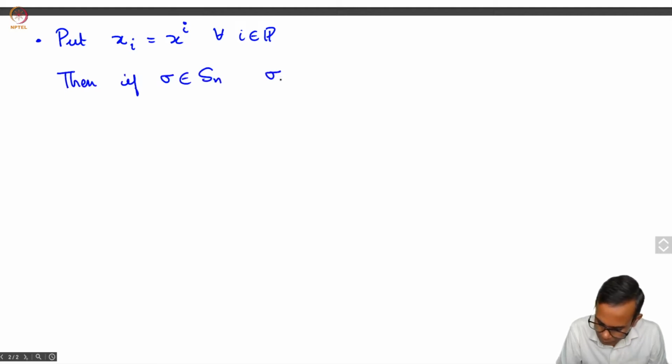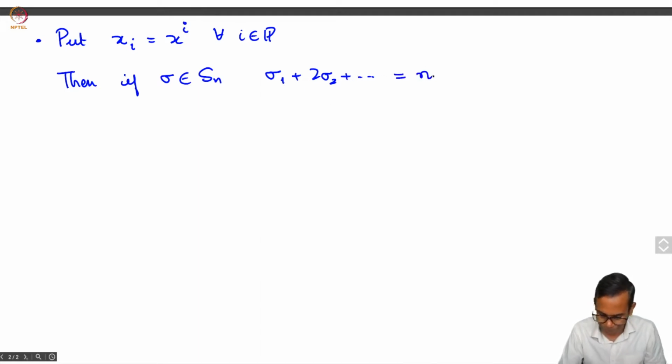Sigma 1 plus 2 sigma 2 plus and so on, this will be a finite sum. This is the number of 1 cycles plus 2 times the number of 2 cycles plus dot dot dot. That's going to be n, the total number of elements.